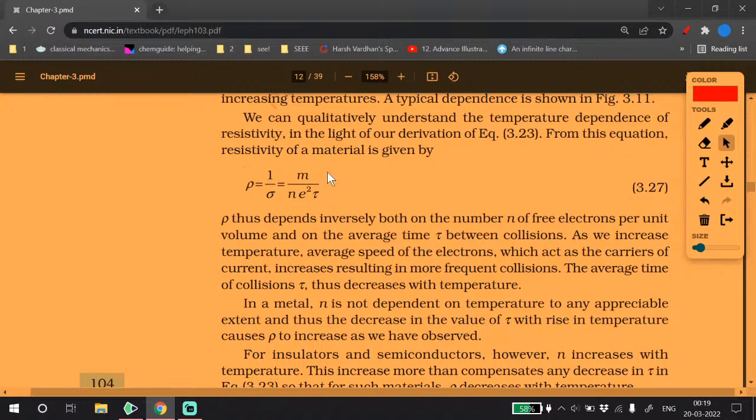So if we increase the temperature, the collisions will become more frequent. That means the relaxation time decreases. If relaxation time decreases, the resistivity must increase.